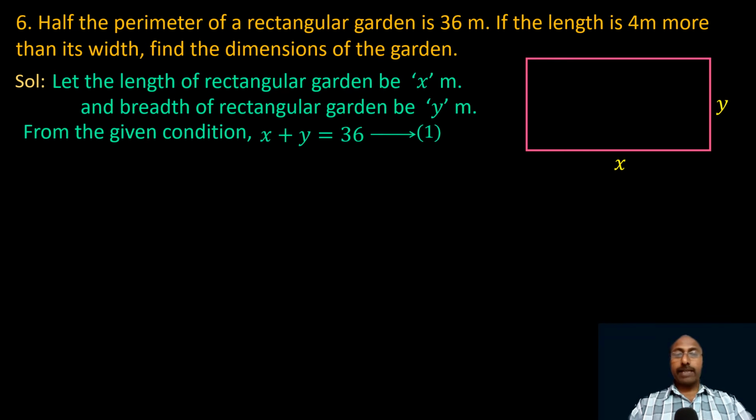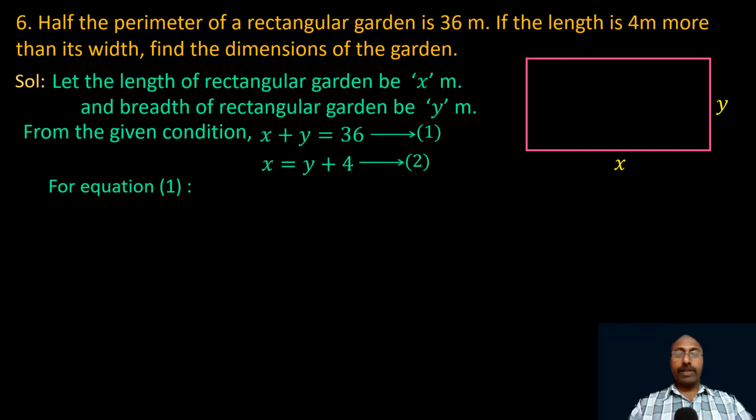So take it as equation 1, and also it is given that length is 4 meter more than its width. Length x is 4 meter more than its width y. So x is 4 more than y, that is x equal to y plus 4. So equation 2. So now let us solve these two equations graphical method.